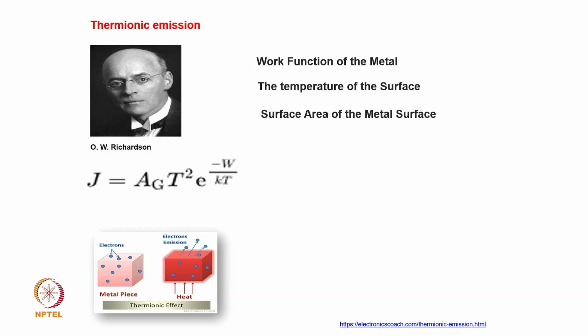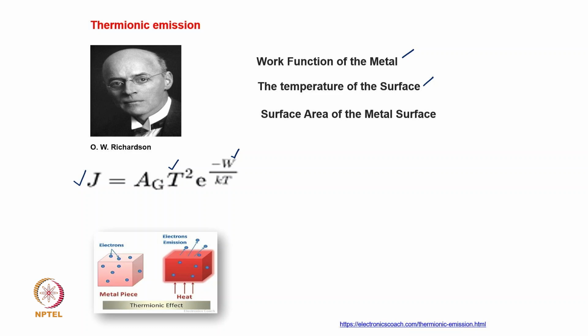He showed that J, the current density due to the thermionic process, is proportional to T square, where T is the temperature provided to the thermionic emitter, and it also depends on W, the work function of the material. So, it depends on the work function of the metal, the temperature of the surface, and also the surface area.